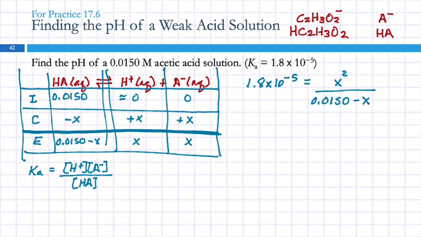1.8 times 10 to the minus 5, x squared over 0.015 minus x.